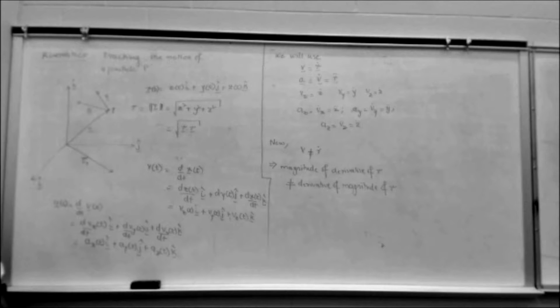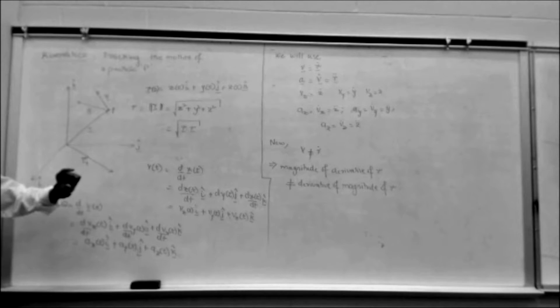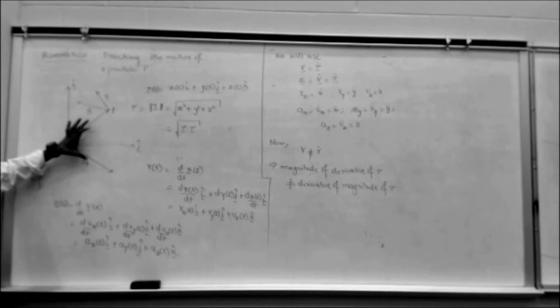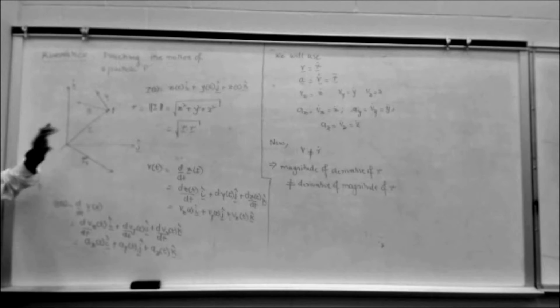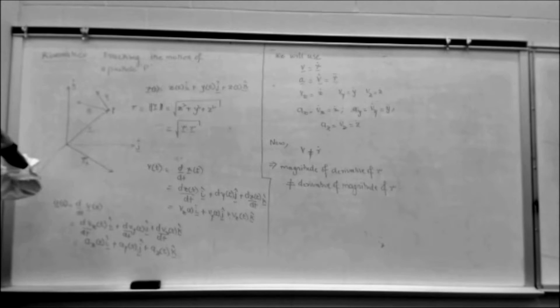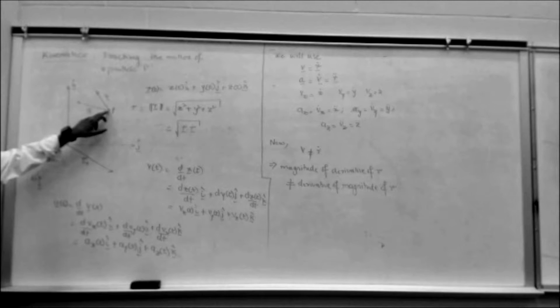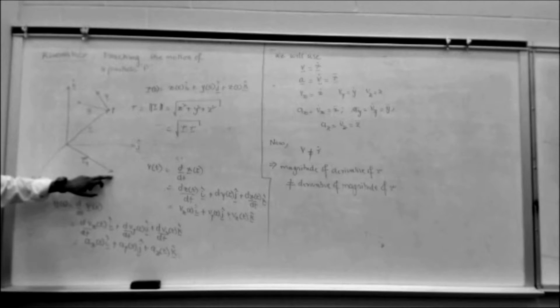Time difference in two quantities. So time difference in the magnitude of these two quantities is 0. But the velocity is not 0. Velocity component is not 0. There is velocity. If you look at velocity, it has gone from this point to this point. Okay?